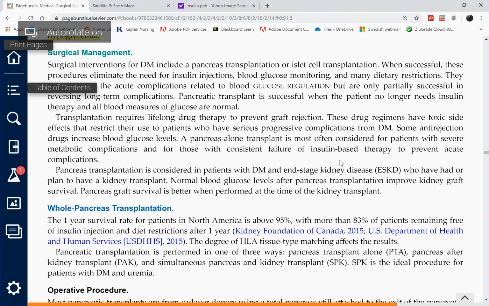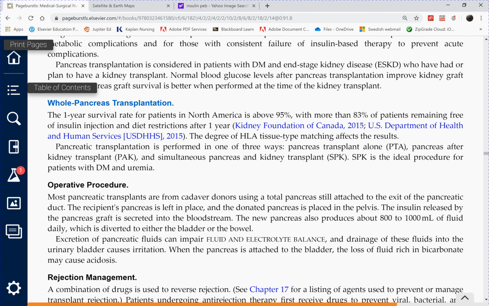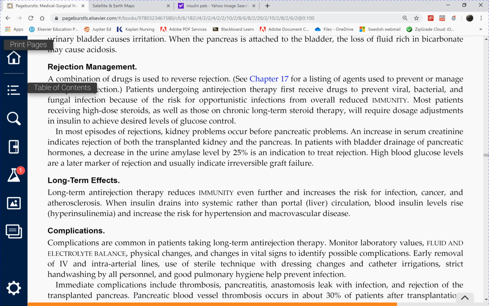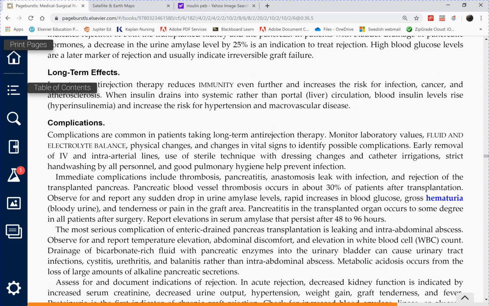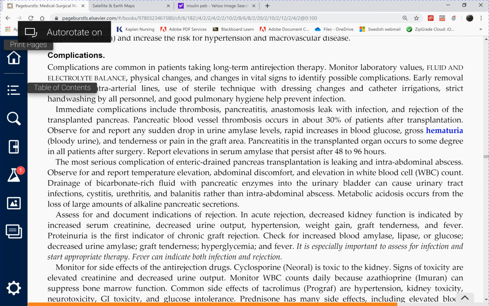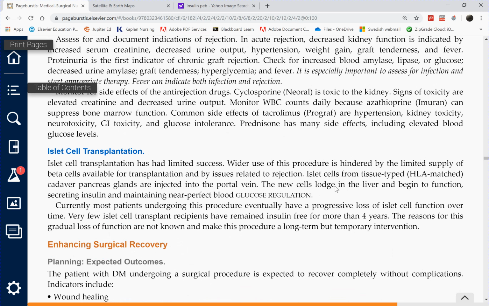But I personally have never seen a patient who was treated for diabetes that way. So we can disregard this, because even rich people who have millions and billions of dollars, we never hear of them getting pancreatic transplants. So we'll skip this part here.